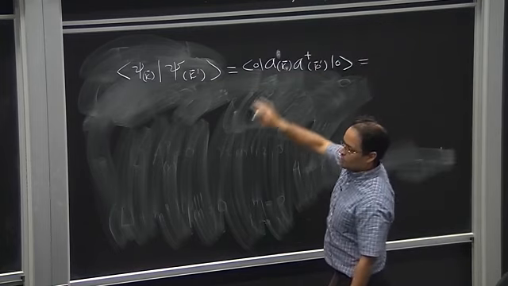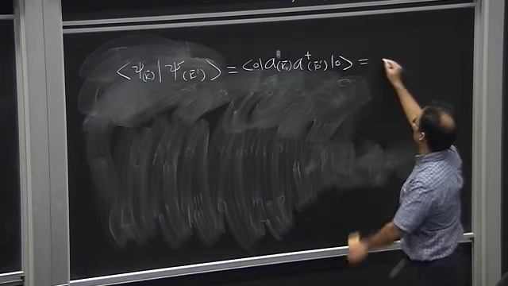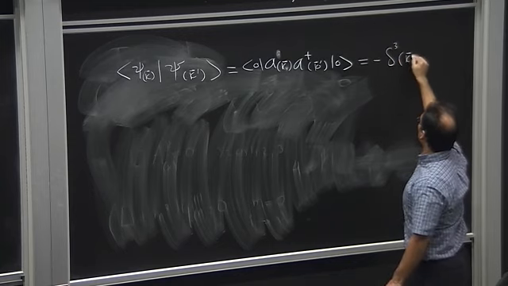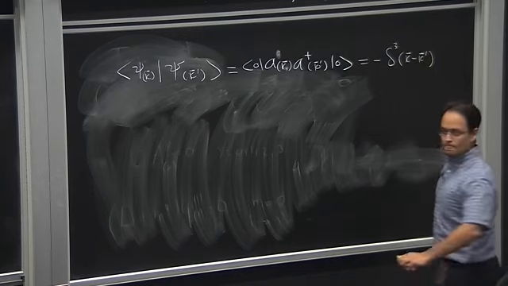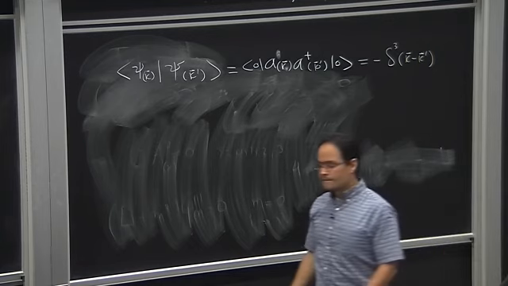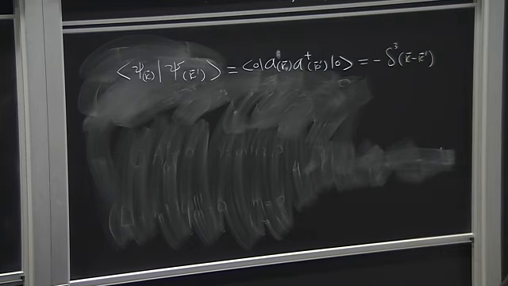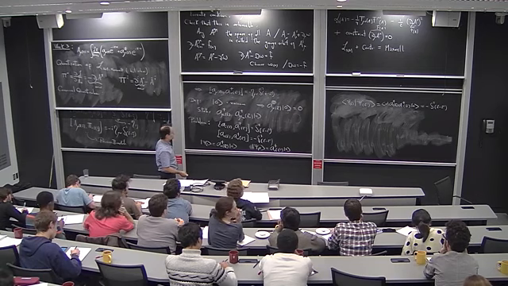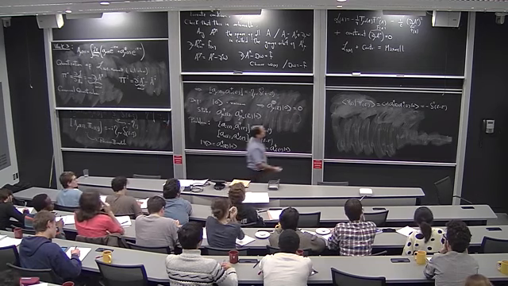Now we use the commutation relation that we have over there, and we get minus delta 3 (k minus k prime). Sorry, here. Is that okay now? So you should have zeros on this expression as well. Yes, sorry.